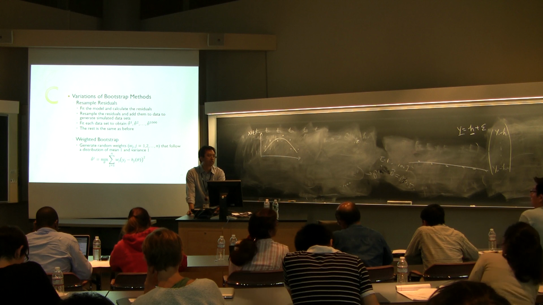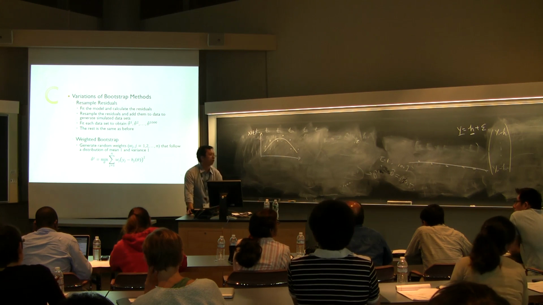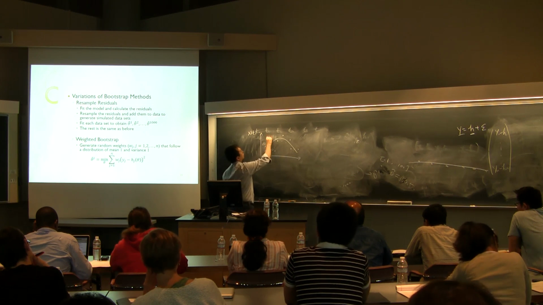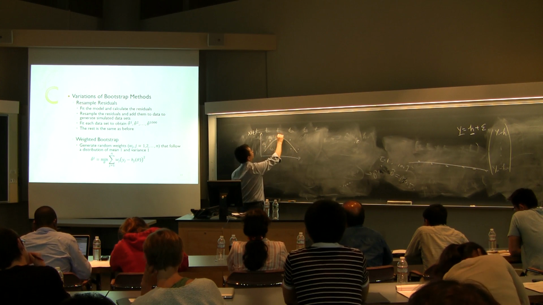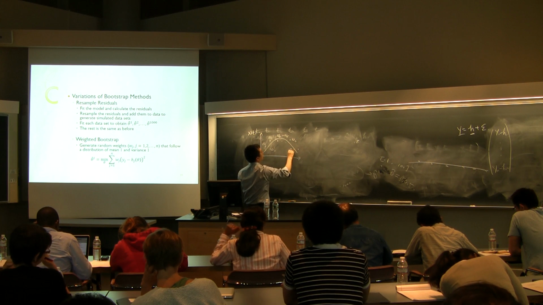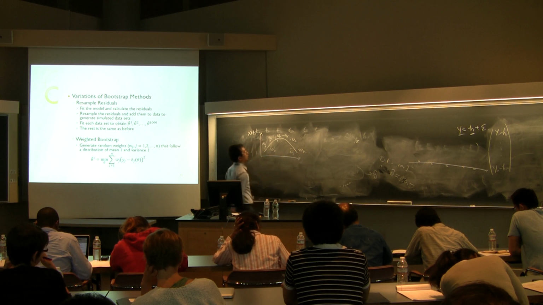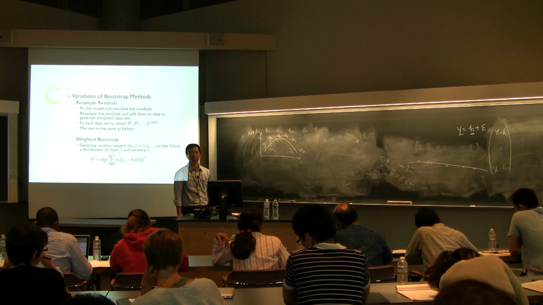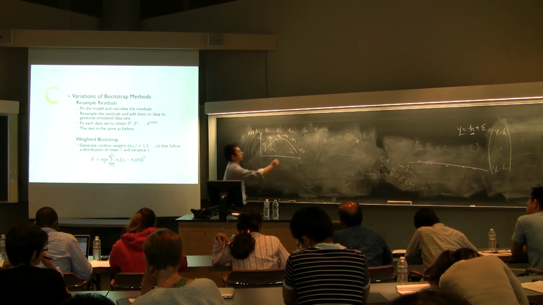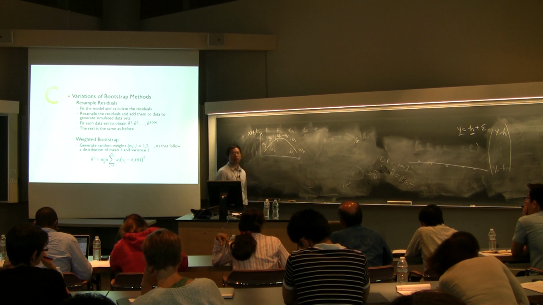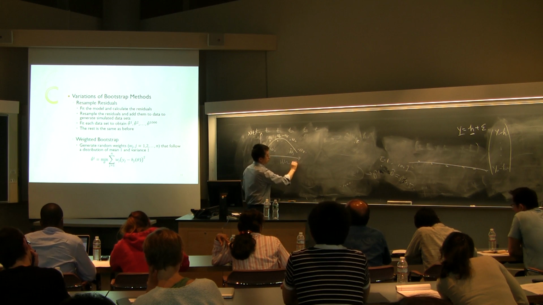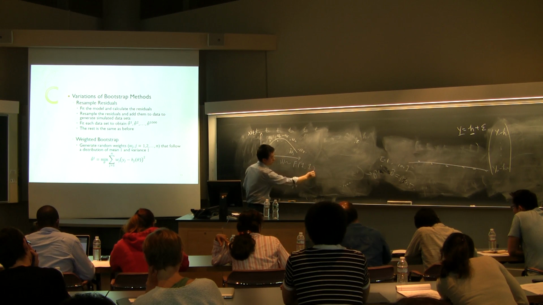I just generate random weights. For each data point, I generate a weight. These weights are random numbers that follow a distribution with mean 1 and variance 1.